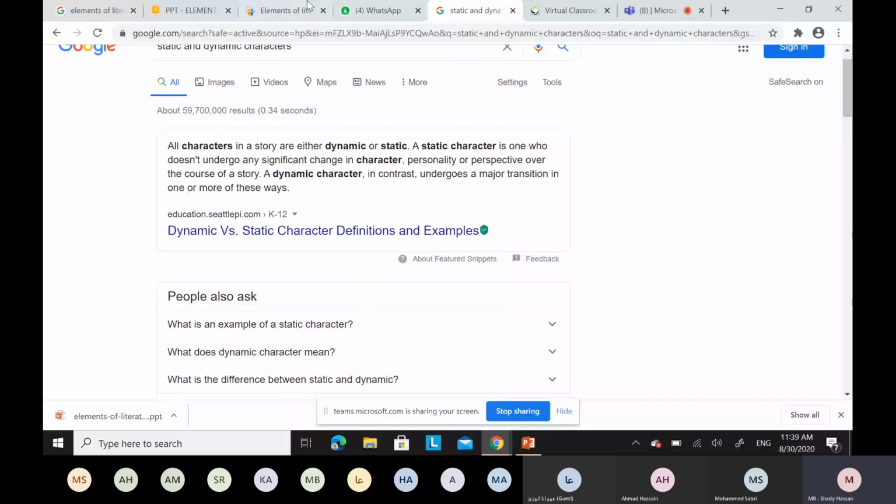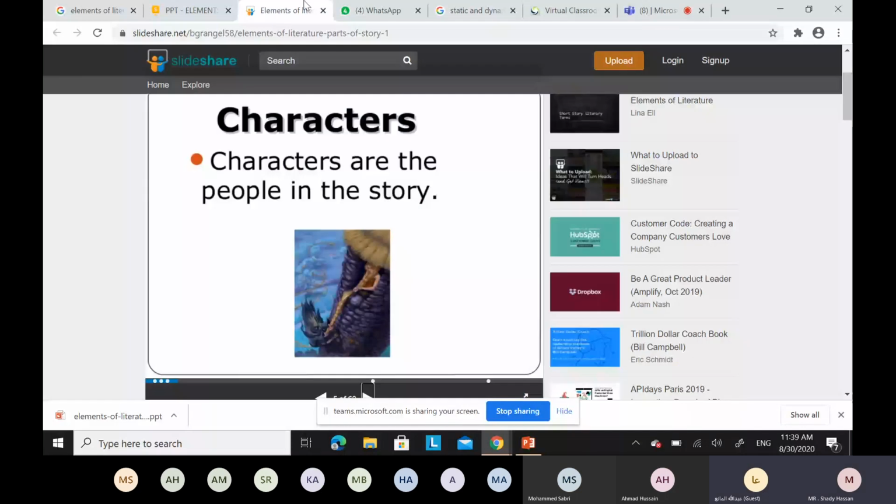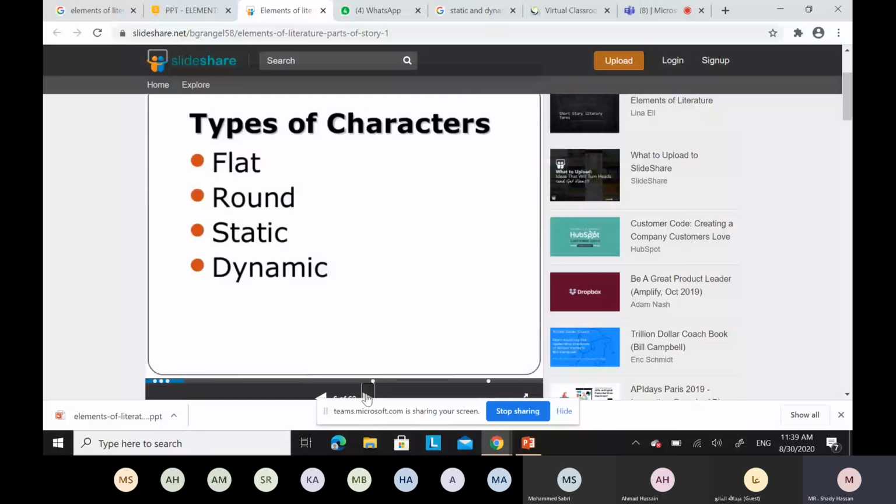So again, the characters, they're what? They are the story's tools. They are simply people or animals of the story. The characters could be flat, round, static, or dynamic.